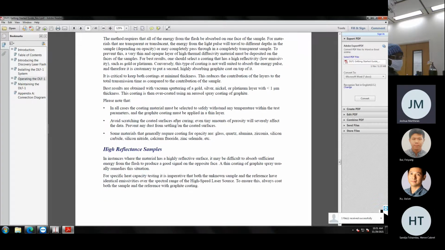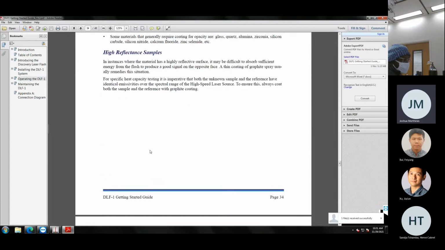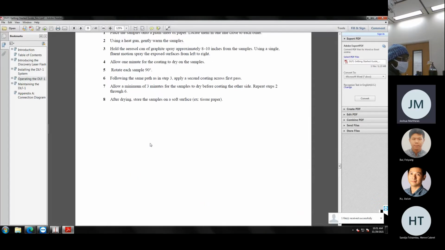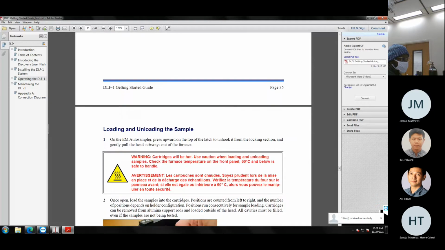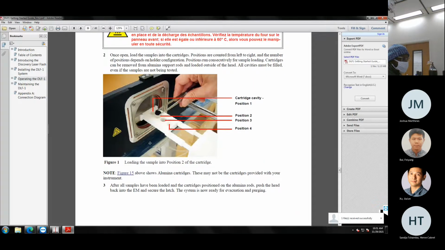And also reflective samples, applying graphite spray. So here's a little, this is good for you guys. So 1 through 4, it goes from inside to outside. So closest to the chamber is 1, and then you count out from there. Yeah.